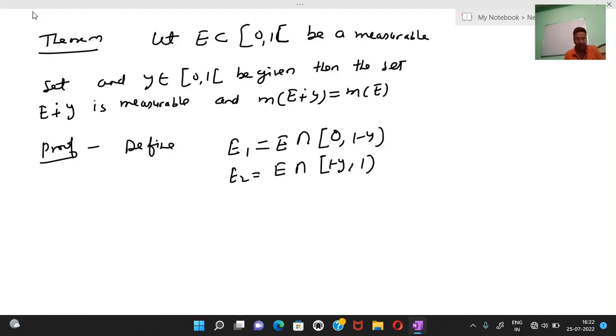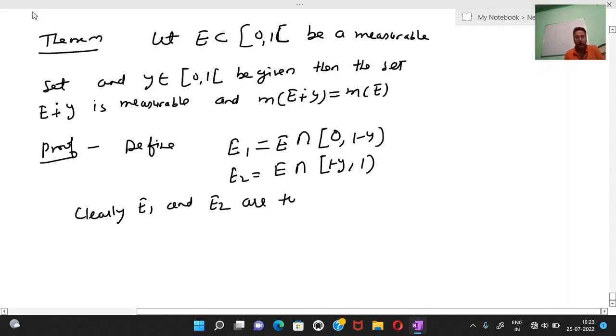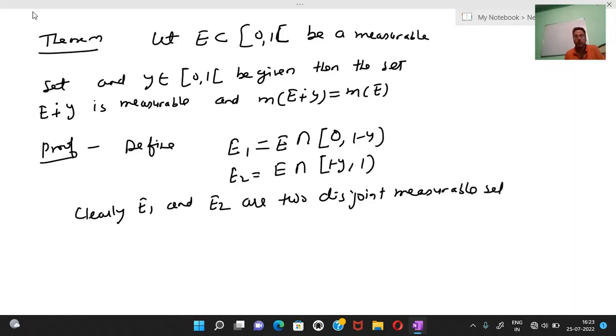Clearly E1 and E2 are two disjoint measurable sets. We have taken E1 and E2 disjoint.